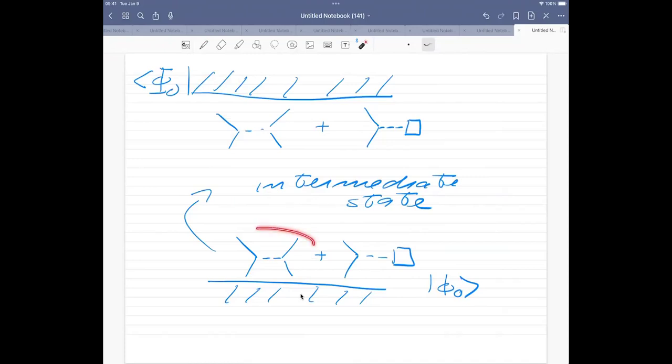So if we were to create a two-particle two-hole state and let that one interact with the one-body operator, we would not be able to get an expectation value which is different from zero. So if you create a two-particle two-hole state and you de-excite it, you have to go through a two-body operator.